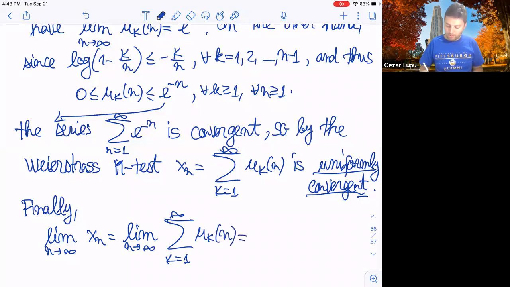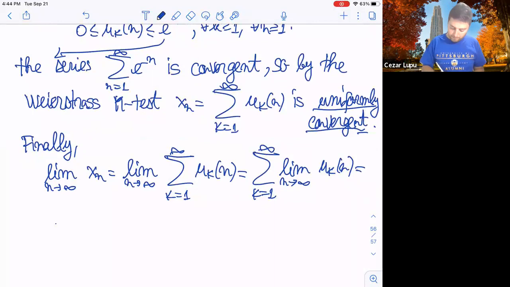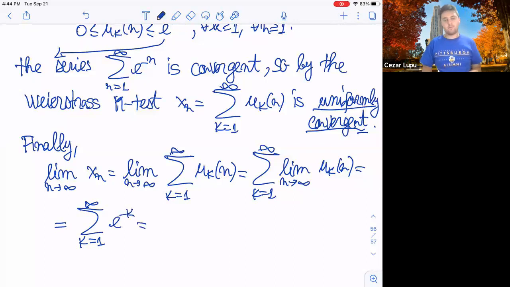And we can swap the limit and put it inside, so this will be the series of the limit, which is e to the negative k, and this is just a geometric series. You can sum it up and it will give us 1 over e minus 1, and that's it.